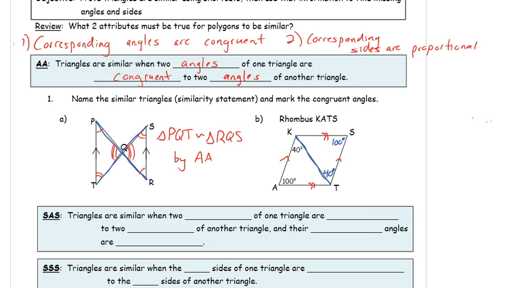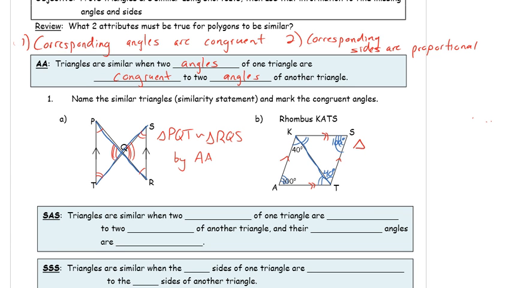And again, make sure you have all your angles marked congruent that you need to. So we know that this angle is congruent to this angle. We know that these two angles would have to be congruent. And then these two angles have to be congruent. So again, matching it up, it doesn't matter what order you go in, but you want to make sure everything is matched.